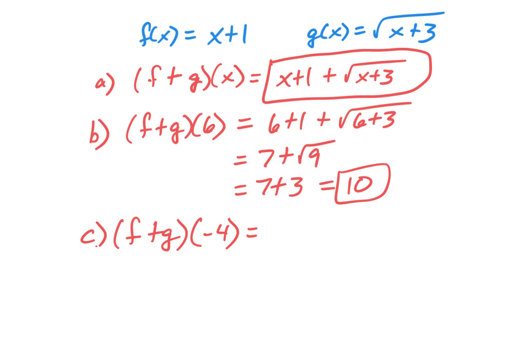We have that answer from part A. So a lot of these you're going to use maybe like a previous answer to help us answer one of the ones down throughout our parts. So kind of like we did on part B, we're going to put negative 4 in for x.